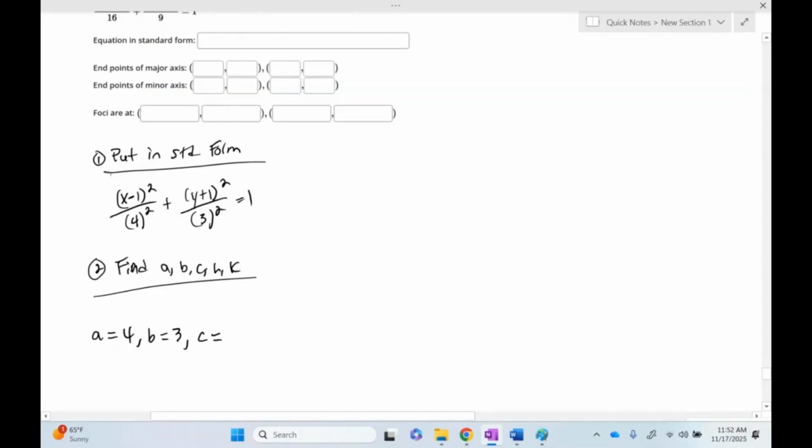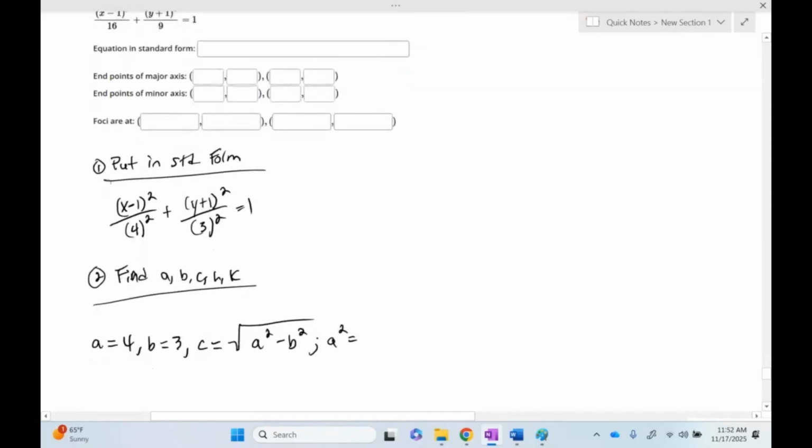What is C? Well, we can find C. C is equal to the square root of A squared minus B squared. A squared is equal to 16. B squared is equal to 9.